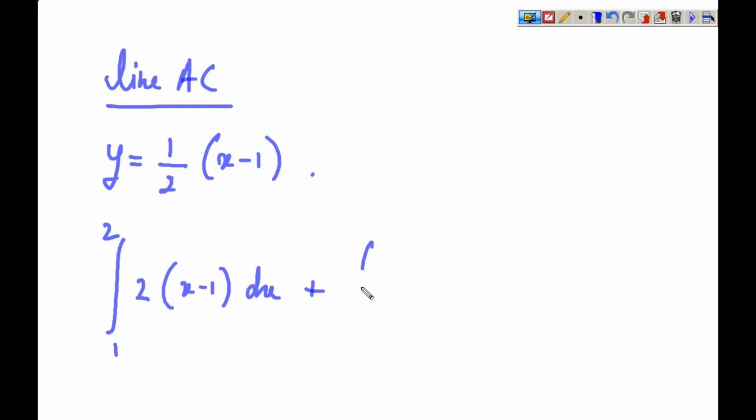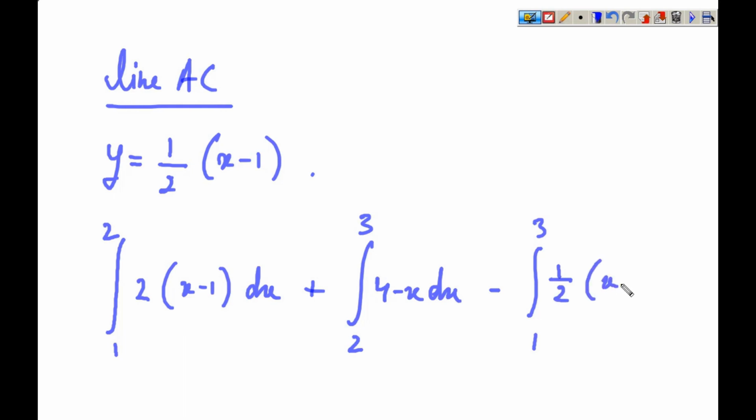Then plus the area under BC, where the lower and upper limits will be 2 and 3, of 4 minus x dx, and then subtracting the area under AC, which is the integral from 1 to 3 of 1 by 2 x minus 1 dx.